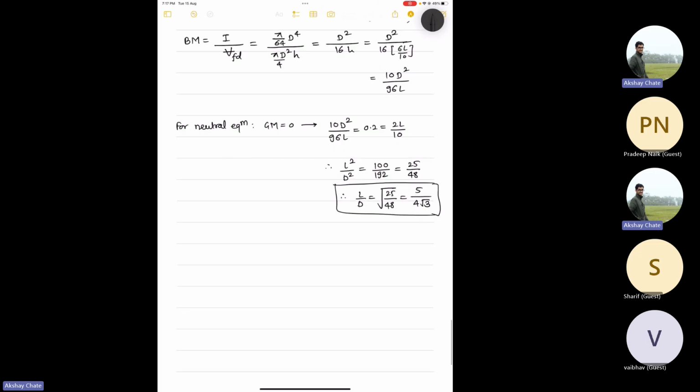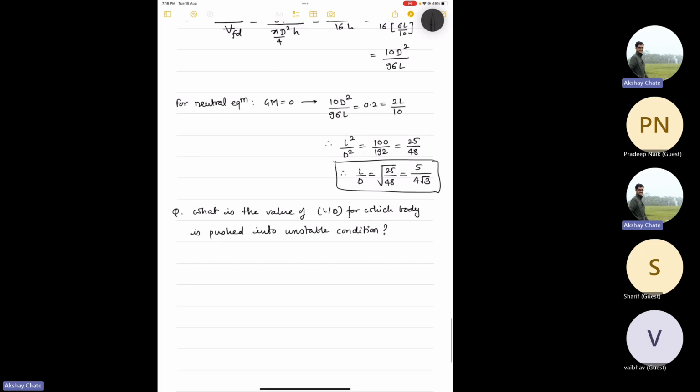Let's say I ask a second question: what is the value of L by D for which the body is pushed into unstable condition?